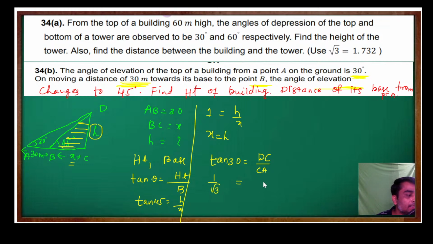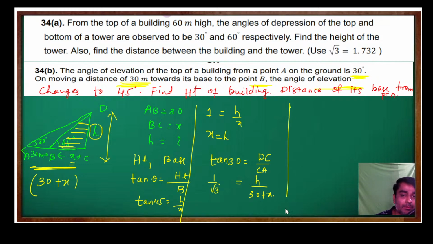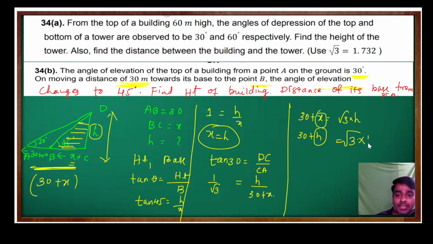DC is H, this height, and AC is 30 plus X. Then cross multiply. 30 plus X will be equal to root 3 H. Now I will write H in place of X because X is equal to H, and here H root 3.